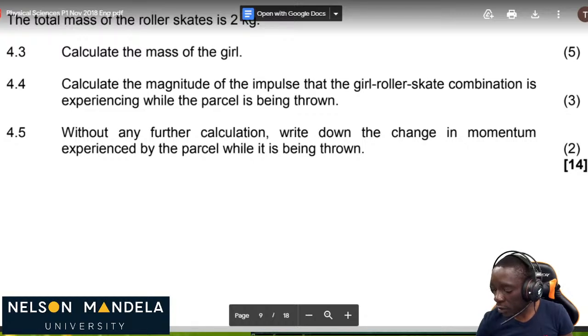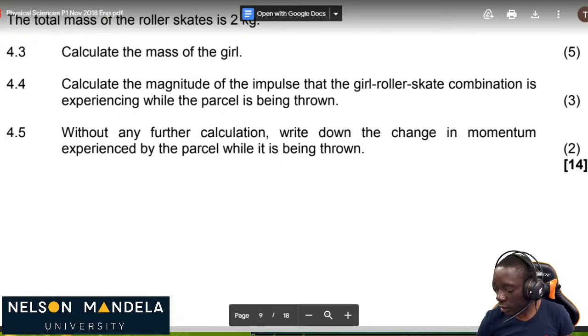Let me do this formula first. V L minus M parcel V parcel. No, it's actually minus M girl plus M roller skates times zero. That's the initial velocity.